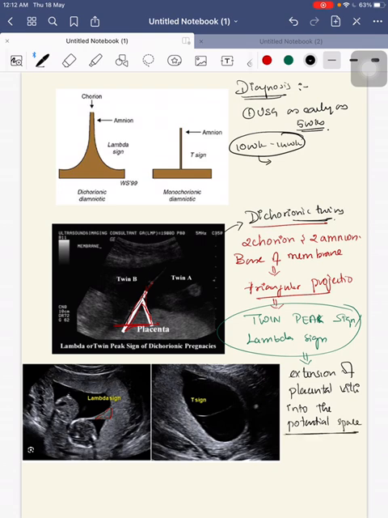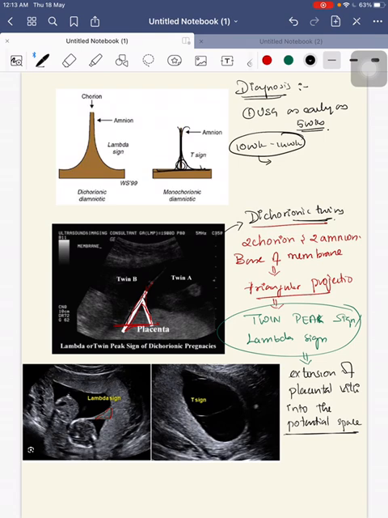Okay, this is about the dichorionic twins. In monochorionic twins, we will have the T sign. It is because of a thin layer of amnion from each fetus. They don't have this filling up of space because it is not thicker. So it is called the T sign.